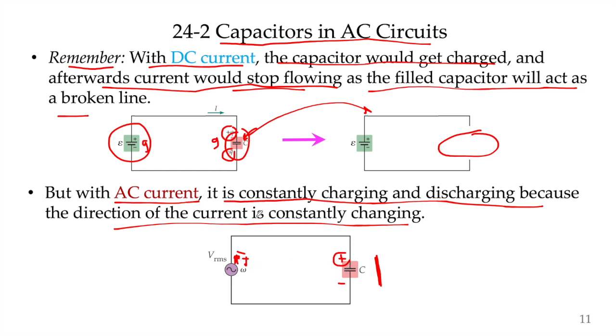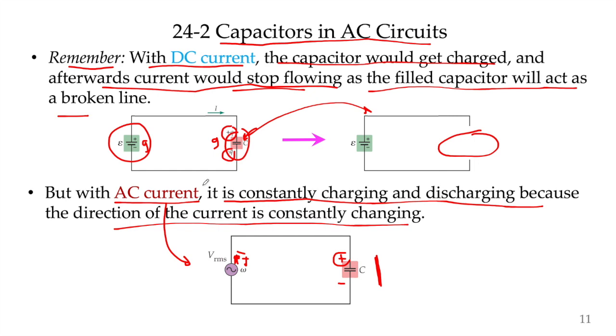Even if it charges a little bit, the current flips and it starts discharging. So it never becomes a broken line in AC currents. Here you learn that circuit elements like capacitors and inductors act differently in DC current and AC current. So this is important.